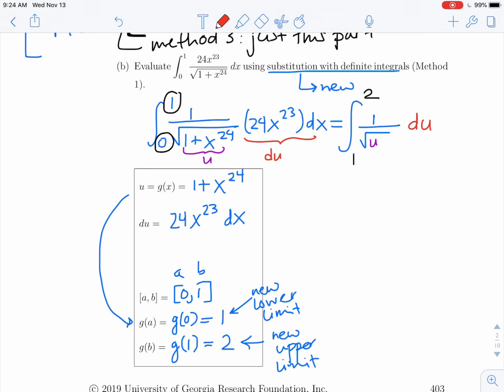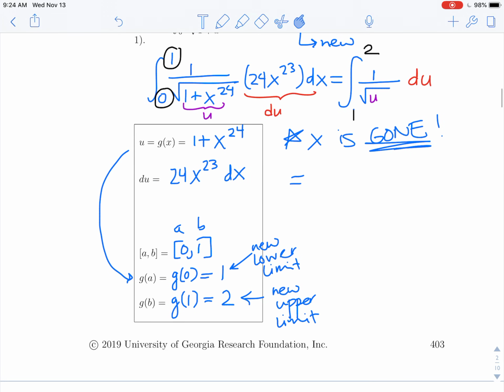And once we've done this, the x's are gone, completely gone. Don't even have to think about them ever again in this problem. It's like they were never there. So let's go ahead and rewrite the definite integral in a more workable form.